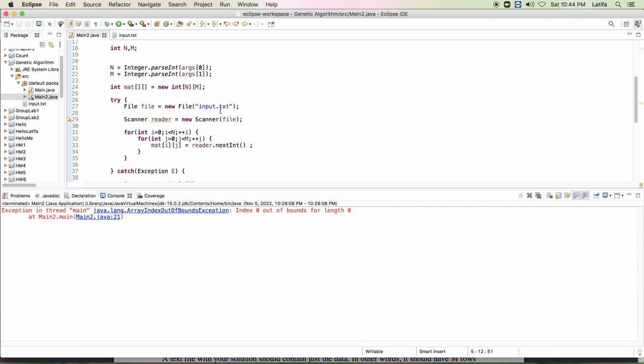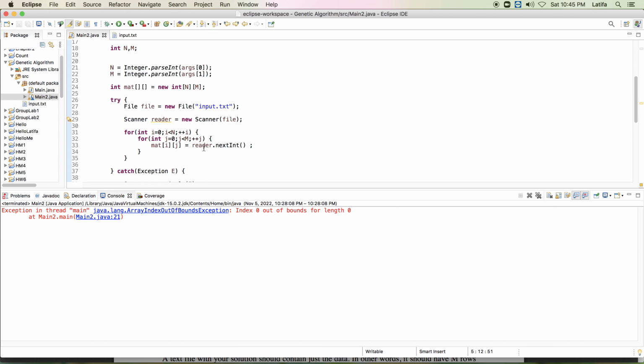This is where all my random numbers will go, and then here I have declared the scanner class, and inside of it I have two for loops. The outer for loop is traversing the number of rows, and the inner for loop is traversing the number of columns.